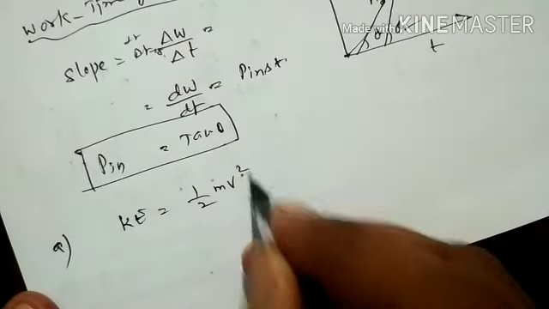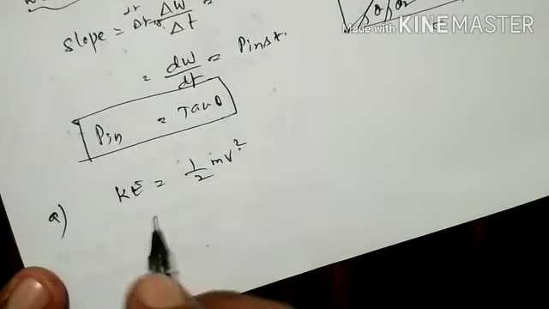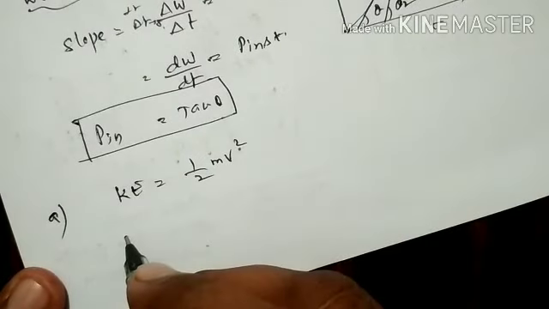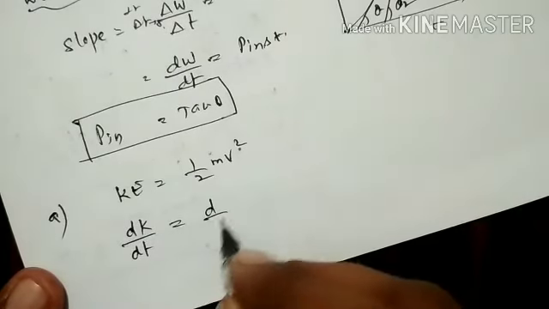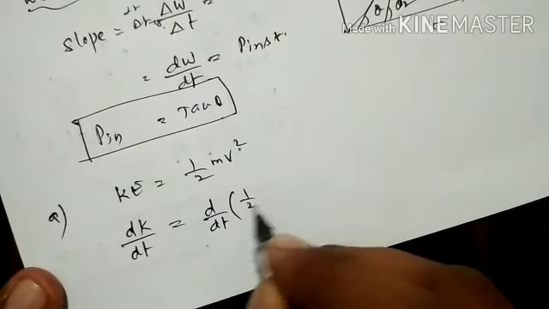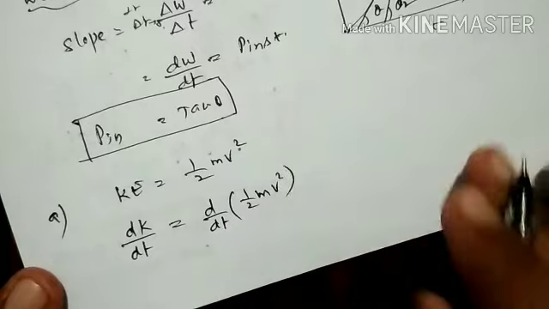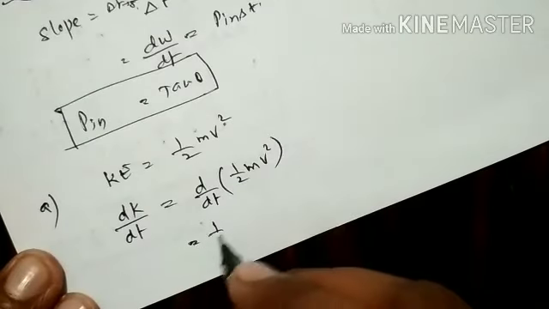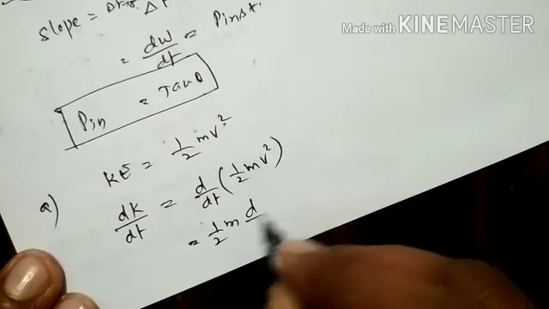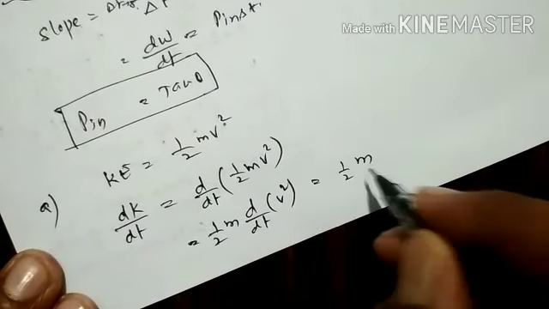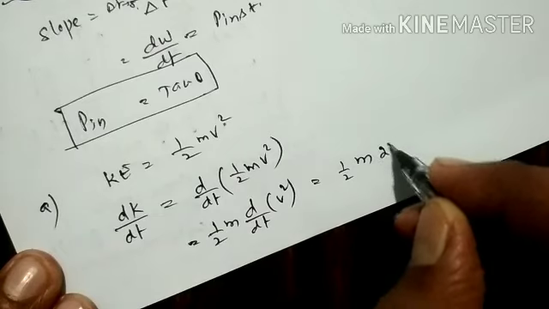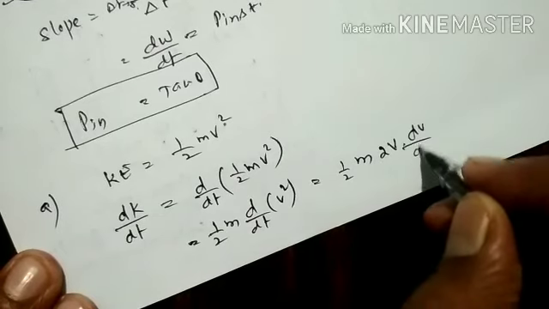Half mv square. So take the derivative of kinetic energy with respect to time. We can write d by dt of half of mv square. So you can write half of m d by dt of v square. So half of m d by dt means it is 2v into again the derivative of v.